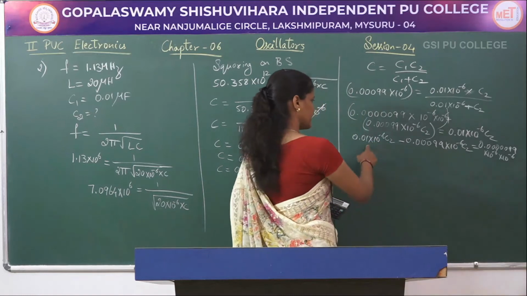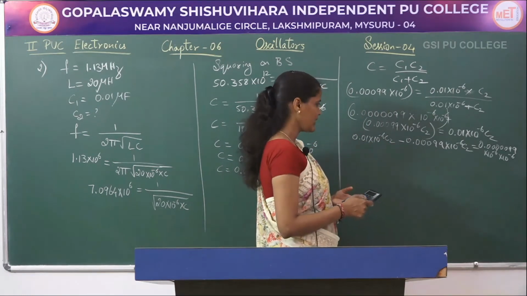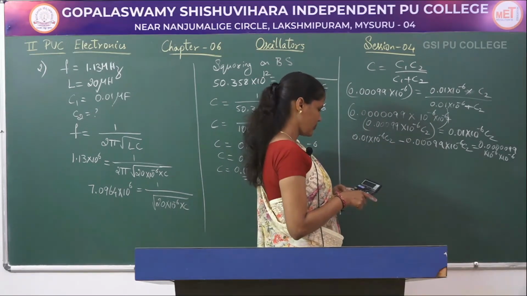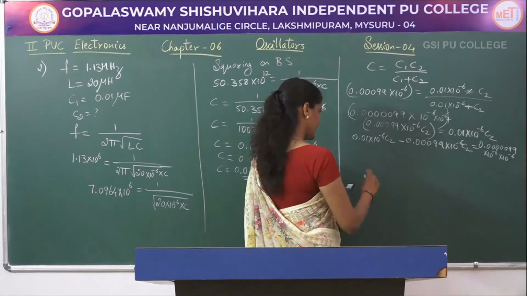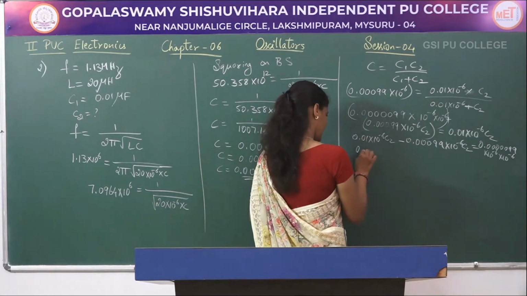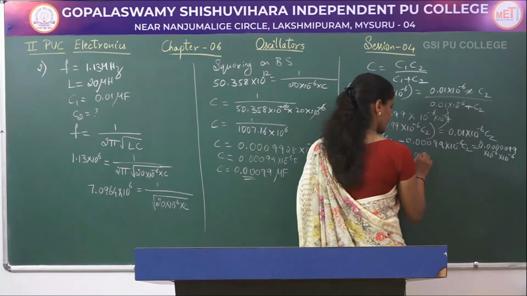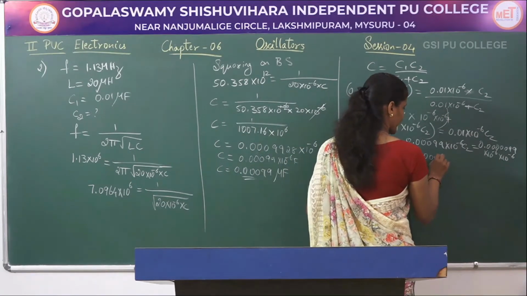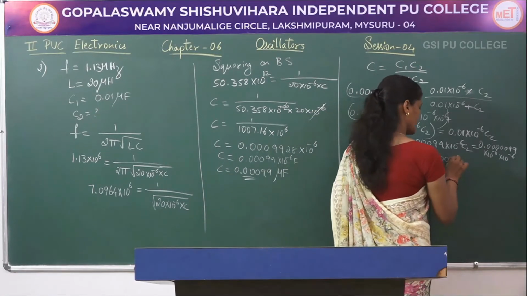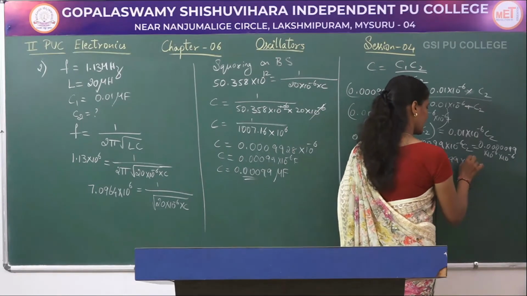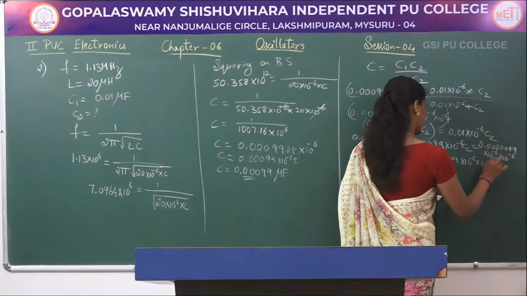So let me subtract, C2 is common from these two terms. So 0.01, I will be getting this term as 0.00901 C2 is equal to 0.5099 into 10 power minus 6 into 10 power minus 6.